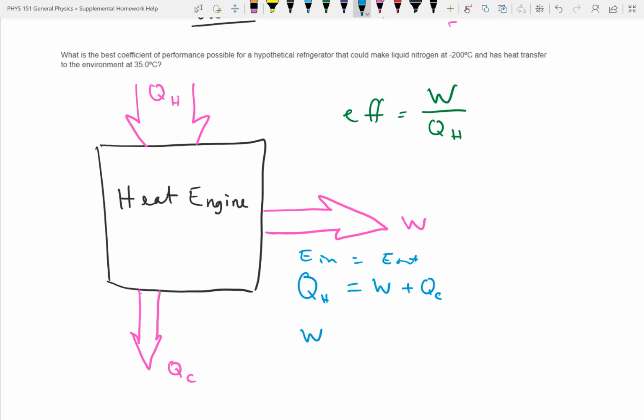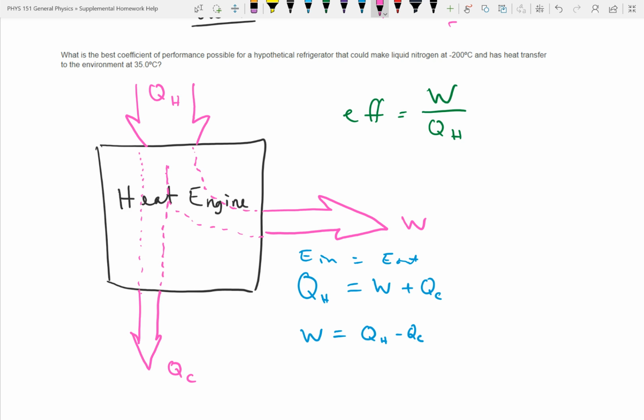Or as we solve for it in a different way, the work is equal to Q high minus Q cold. So we can also read that from the schematic. Now, when we draw this schematic, we usually try to draw dashed lines to illustrate the size of things, so that you see that the work plus the QC is equal to the QH. So that's a heat engine.